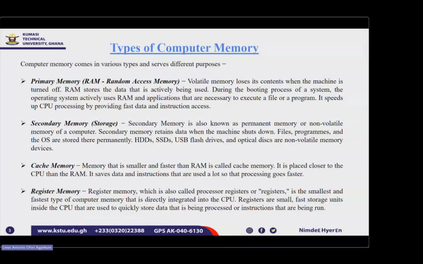Now, note that when we talk about registers, they are fast storage and they are small. And what they do is that because they are inside the CPU, they are used to quickly store data that is being processed or any instruction that is being run on the computer.